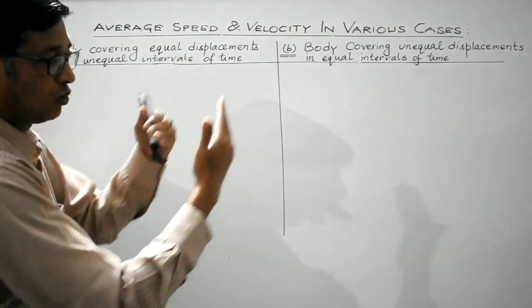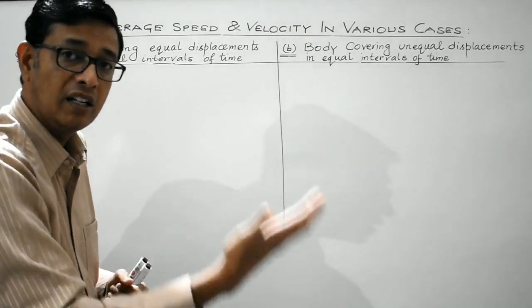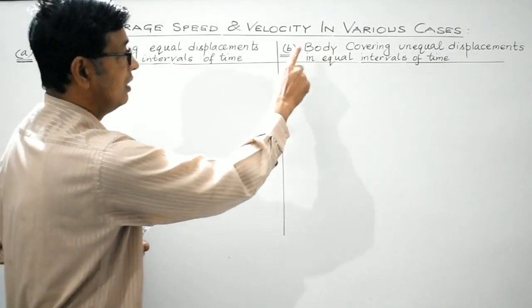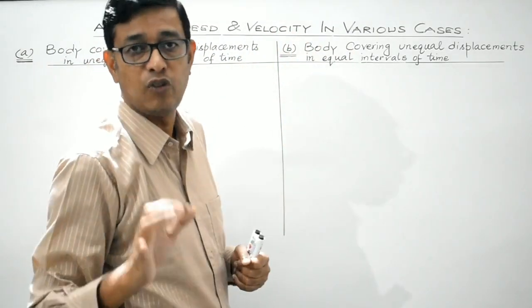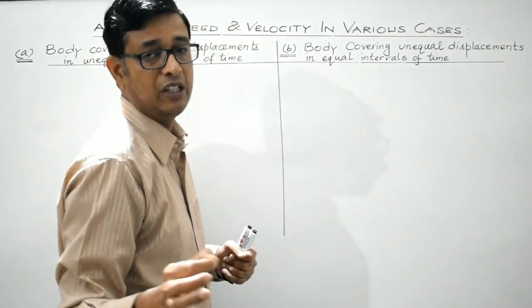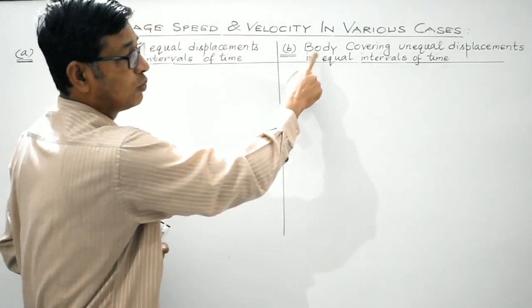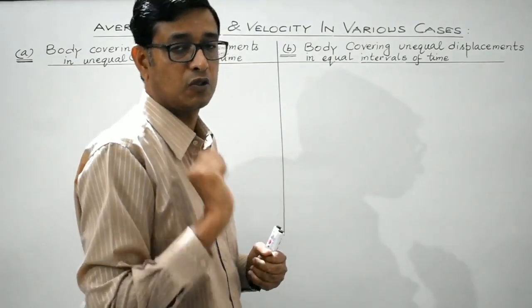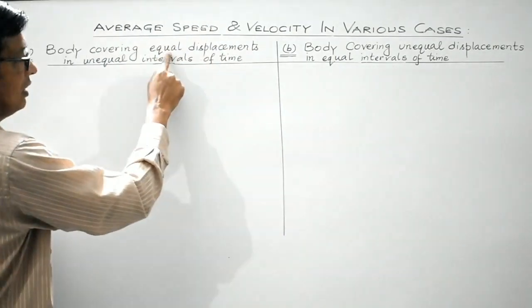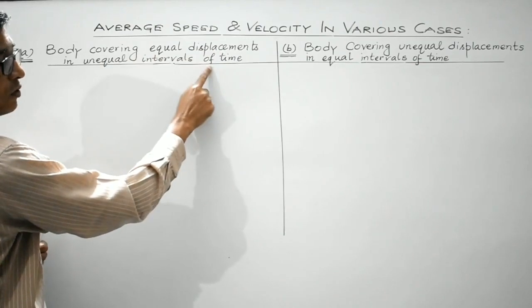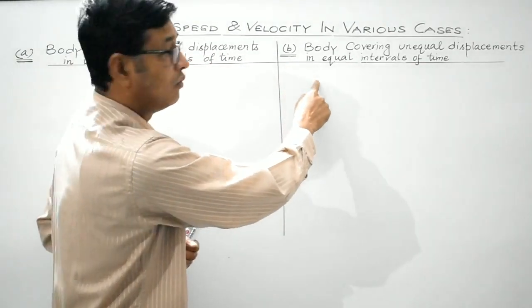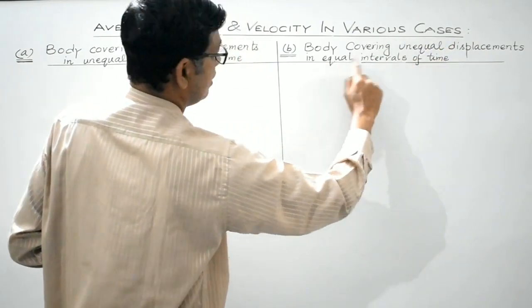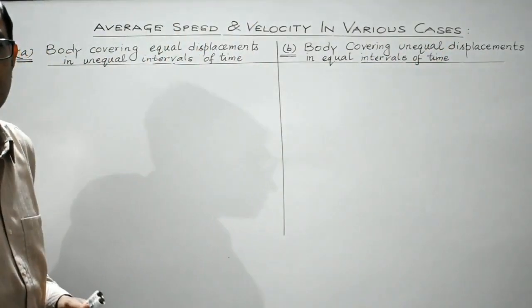And second, the vice versa case: the formula to calculate the average speed or average velocity for bodies covering unequal displacements in equal intervals of time.